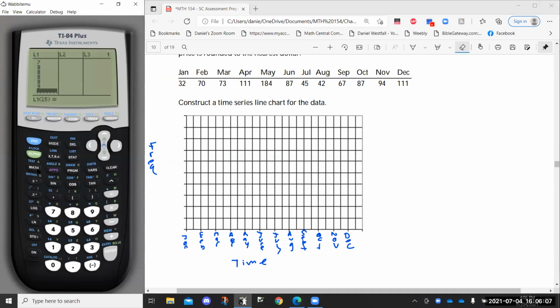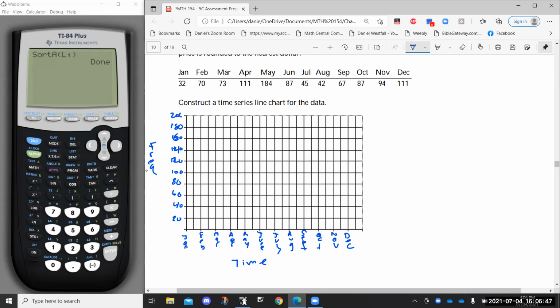Say 200 divided by, how many tick marks do I have? 1, 2, 3, 4, 5, 6, 7, 8, 10. Well, let's say each one is 20. Okay. So 20, 40, 60, 80, 100, 120, 140, 160, 180, 200. Say that, okay?